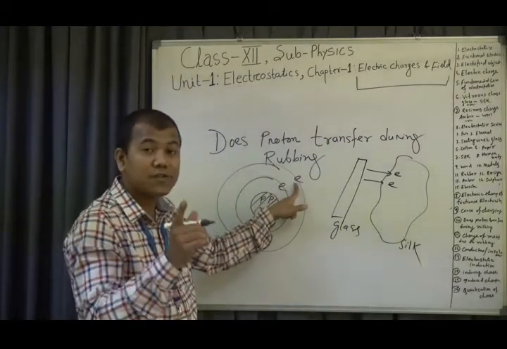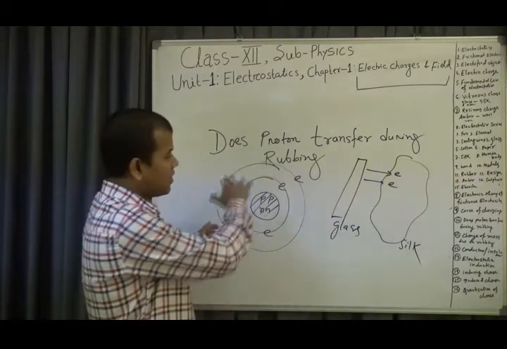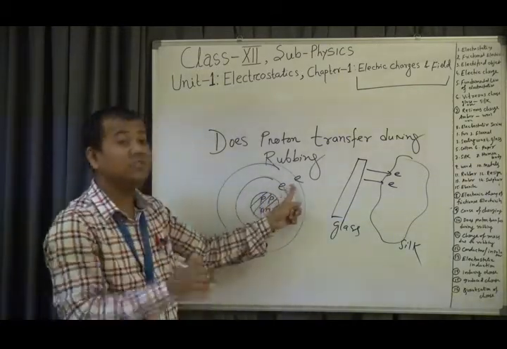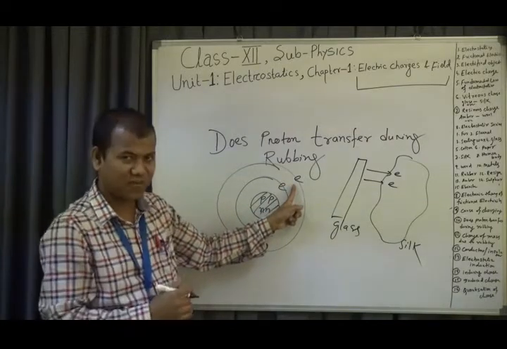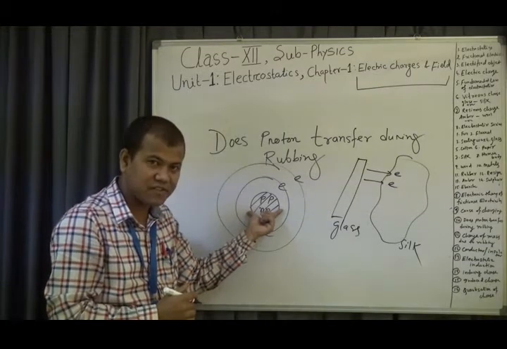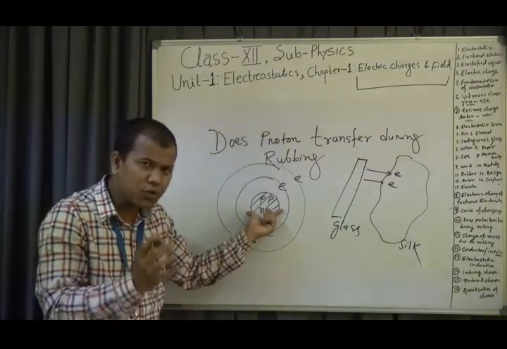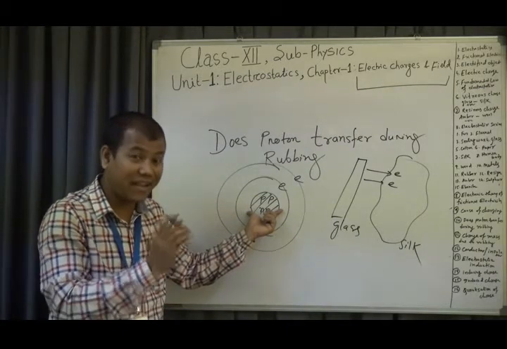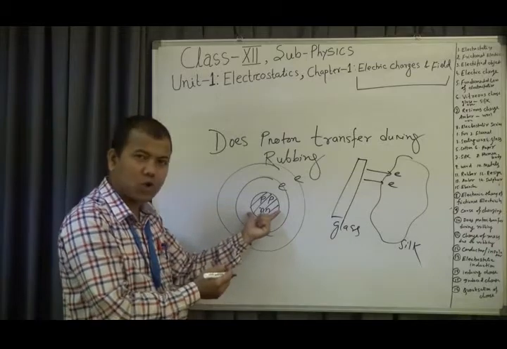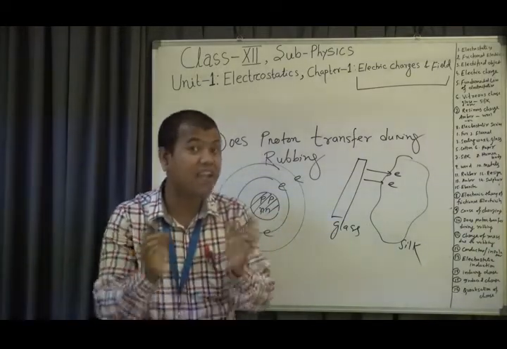Now electrons are in the outer part, the extranuclear part of an atom, and hence these electrons can be transferred. But protons are inside the nucleus, and you know that nuclear force is there, and due to nuclear force, binding energy is there, and due to that binding energy, the protons and neutrons are tightly bound with each other inside the nucleus.